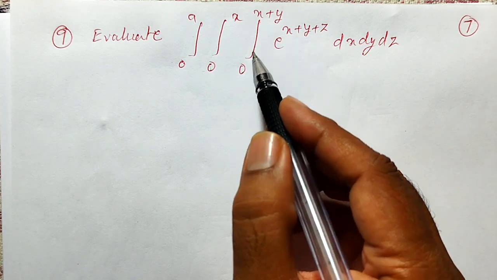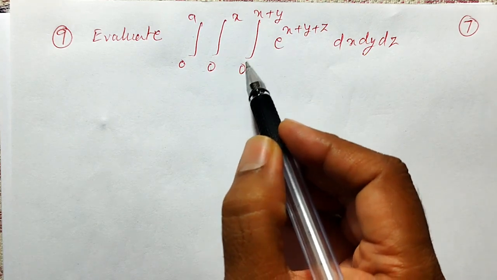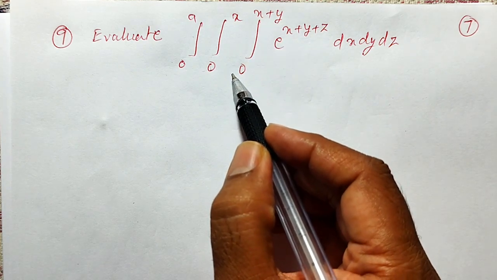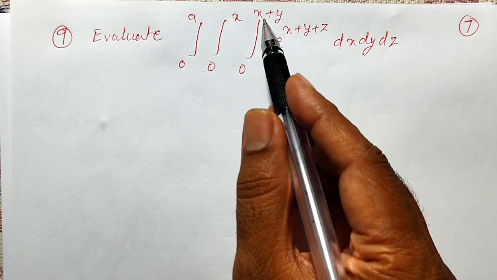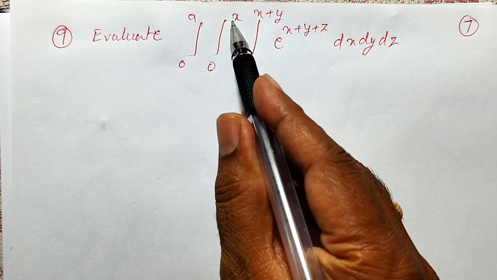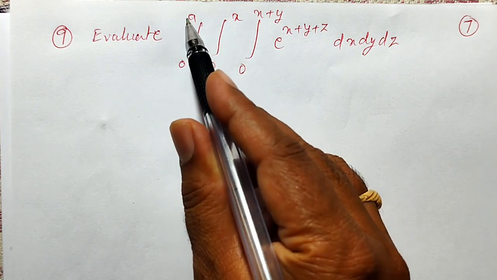Here the limiting function is from 0 to x plus y, therefore it is from z equal to 0 to z equal to x plus y, and the remaining one is from y equal to 0 to x, and this must be x equal to 0 to a.